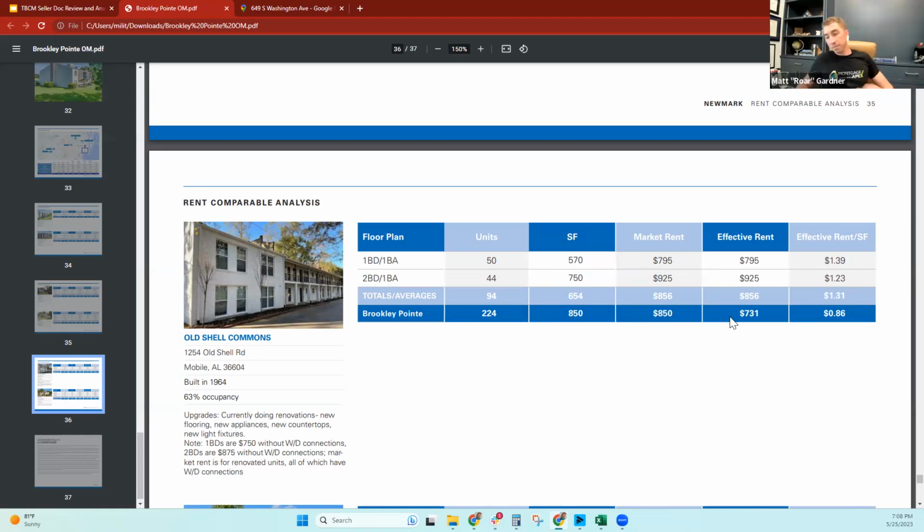Yeah, this is definitely an art in the analysis. I will say, for me, I don't like to use the rent per square foot. They'll typically use it more as an advertising tool to bolster what their thoughts are. Most renters aren't going to say, well, my rental budget is $1 per square foot. They normally say, okay, I have $800 to spend and I need two bedrooms. You know what I mean?